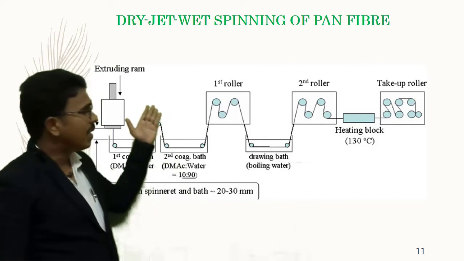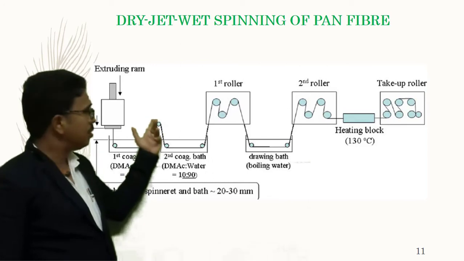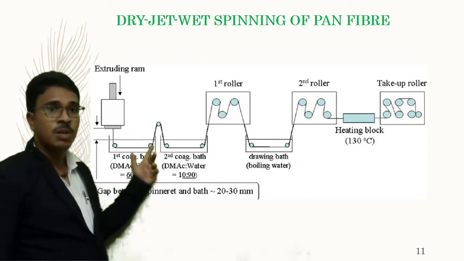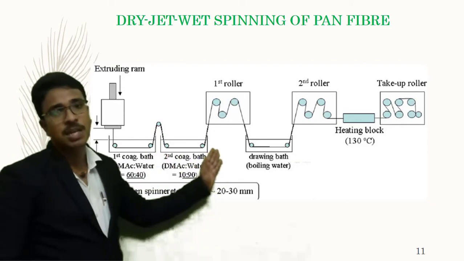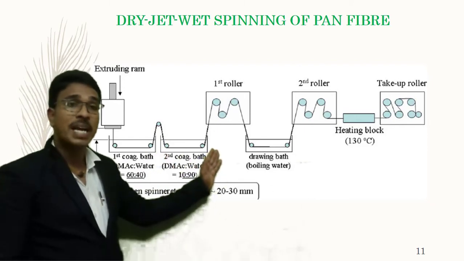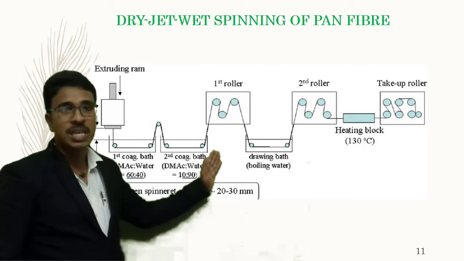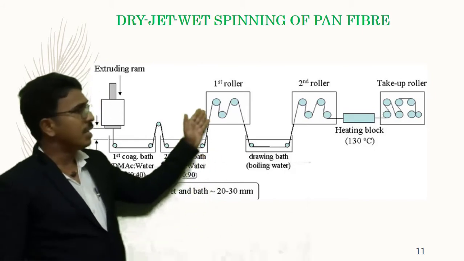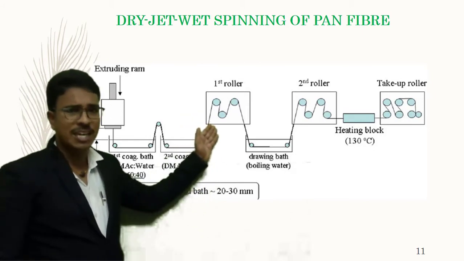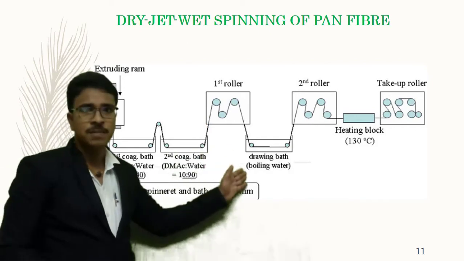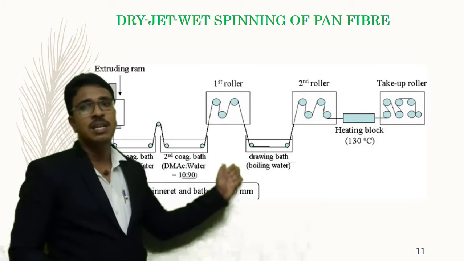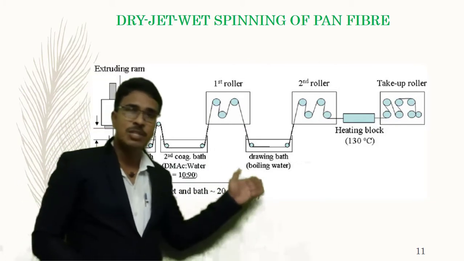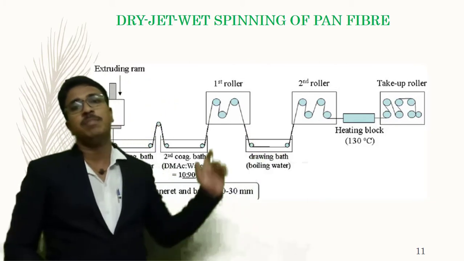We are taking it here, and then the spinneret, the filaments are coming out, and then it is taken to the first coagulation bath and second coagulation bath to get maximum precipitation of solvent from the filaments, and then it is taken out through the first set of rollers, that is guide rollers, then the drawing bath. Okay, drawing is taking place, then the second set of rollers, and then heating we are doing to get dimensional stability, and then take up rollers.